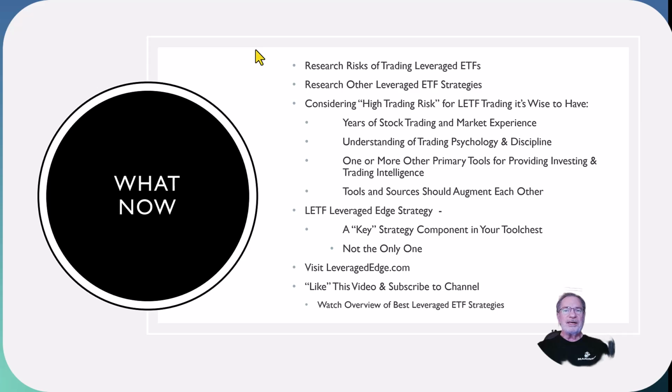I mentioned in the slide here that it's very helpful if you already have a good background in trading stocks, some good experience trading, and market experience is very helpful with being successful with leveraged ETFs. Understanding trading psychology and being able to be a disciplined trader is also very helpful.